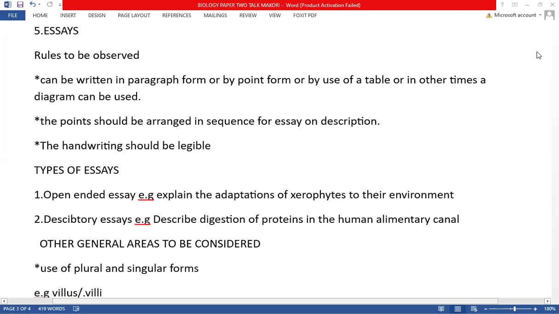Usiandike a lot of words that it will be taking the examiner a lot of time to go through, so that apate hii ndio adaptation, then hii ndio function. Try as much as possible to make your points very clear, so that you can score maximum points.